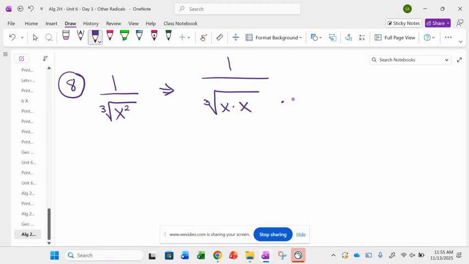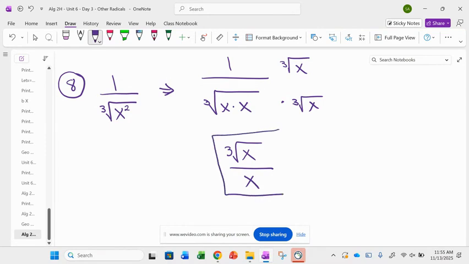So we're going to multiply by the cubed root of just x, top and bottom. So now we get the cubed root of x over x, because that grouping of 3 comes out. This 3 looks like a coefficient. It's not a coefficient. That's the index.